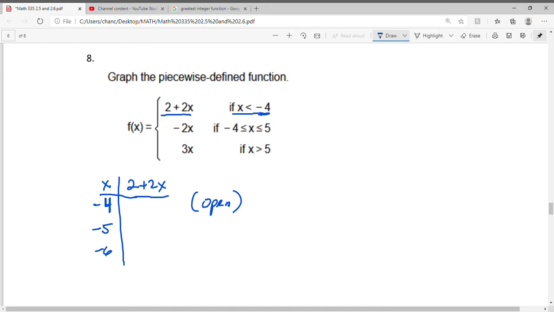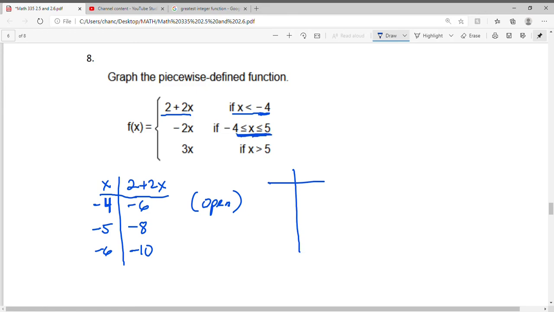This should give you negative 6, negative 8, negative 10. So double check to make sure you get negative 6, negative 8, and negative 10. Now I'm going to look at the middle part of this piecewise function.